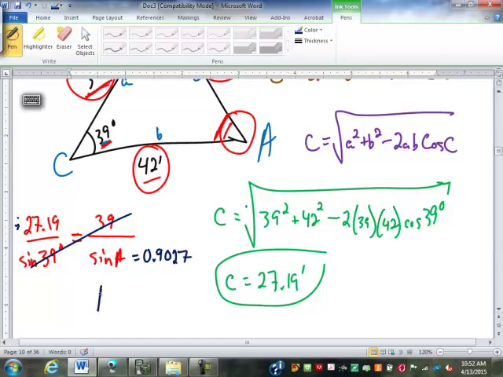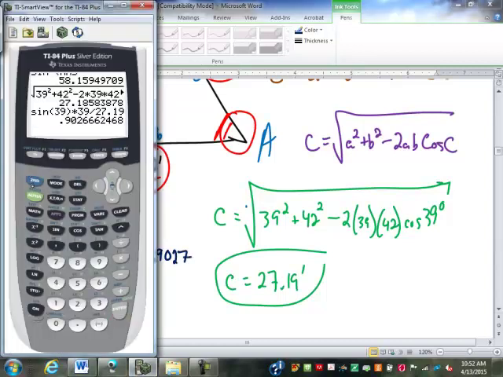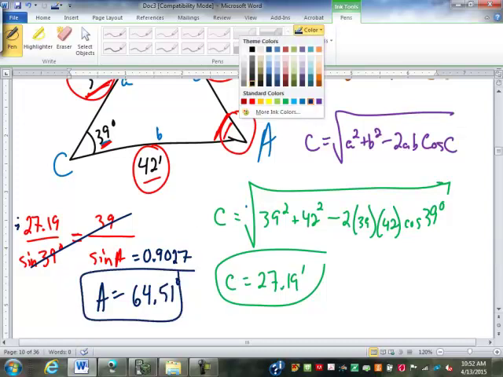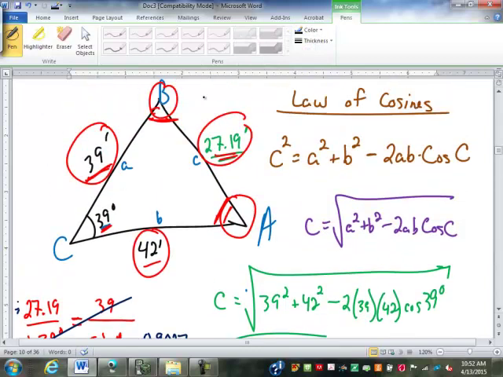And we do our inverse sine to get that A equals 64.51 degrees. Questions? Okay, so this is 64.51. And then this angle here is going to be found by subtracting from 180. So we've got 103.51 from 180, which is going to leave us with 76.49 degrees there.